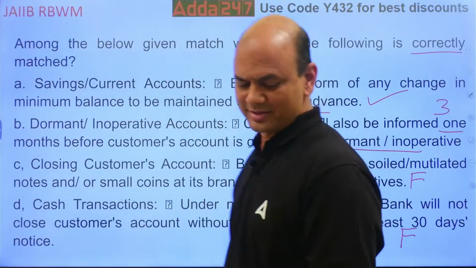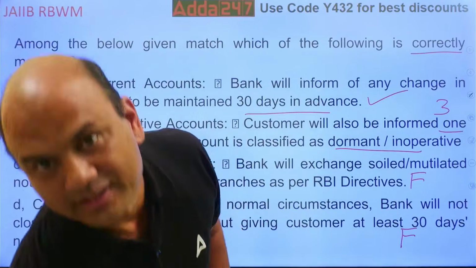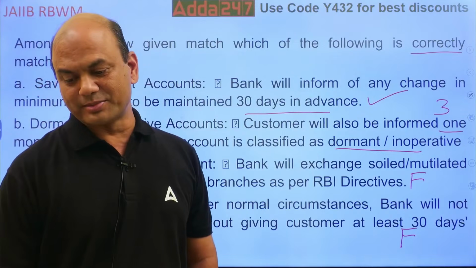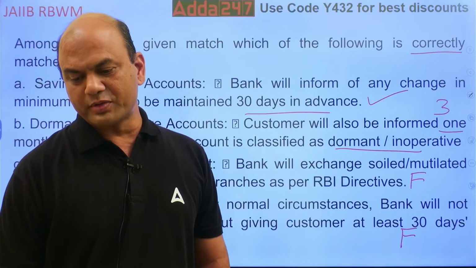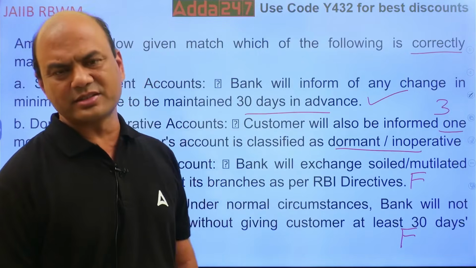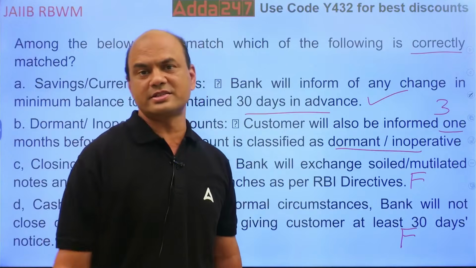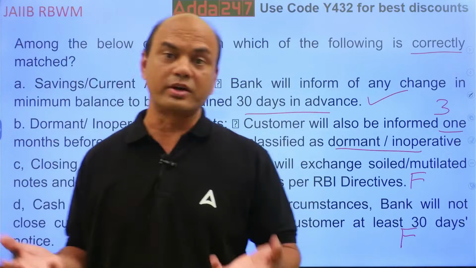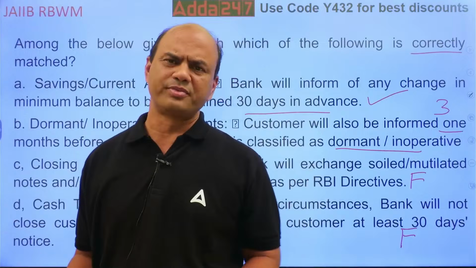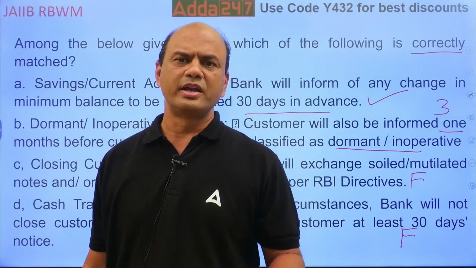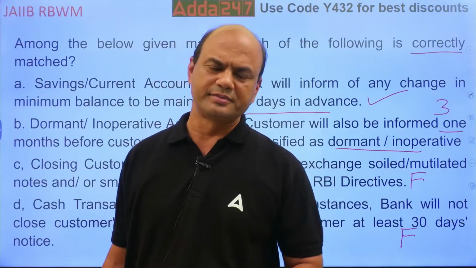Got it, everyone? Clear? See, the concept should be very clear because banking is not that simple. Now, many of you will say, sir, why 3 months, so long? See, because we are not talking of city branches. In city, everything is available. You send a message, email, WhatsApp, it reaches the customer immediately.